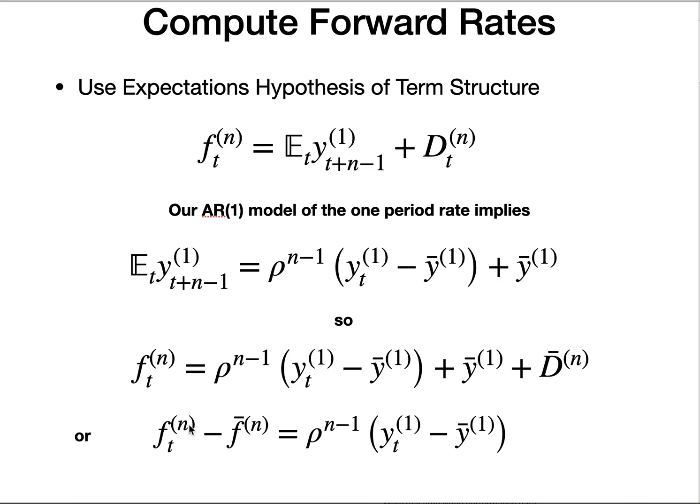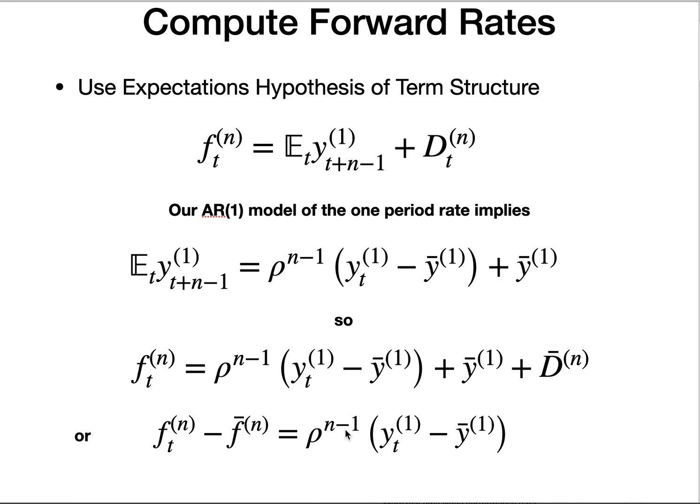And what I can preview is that rho is a number about 0.9. If we start raising it to a high power, then this whole thing should start getting close to 0.